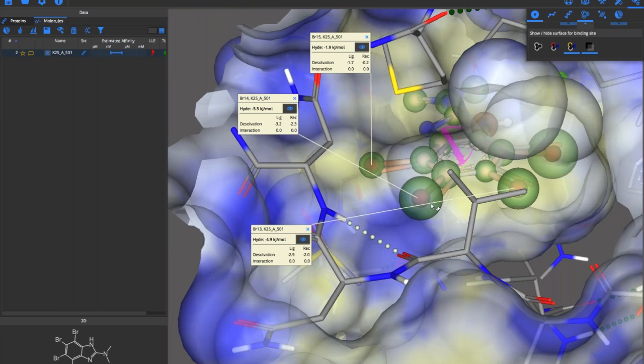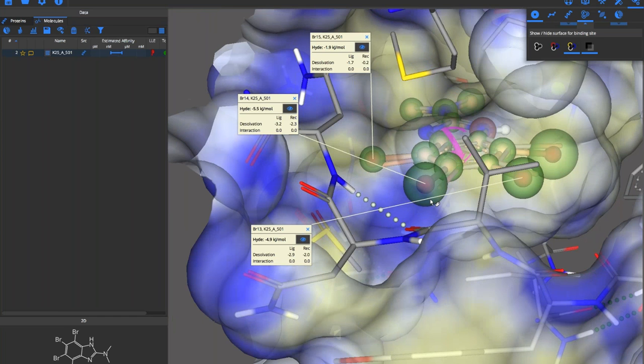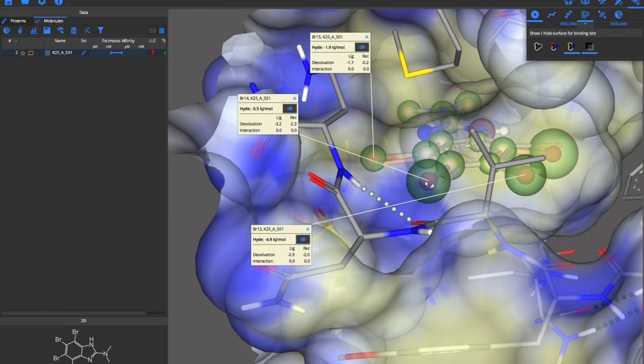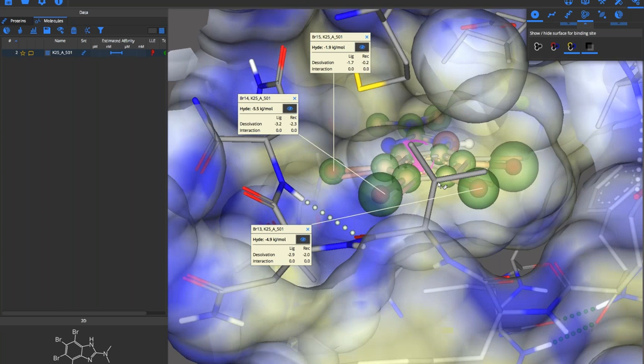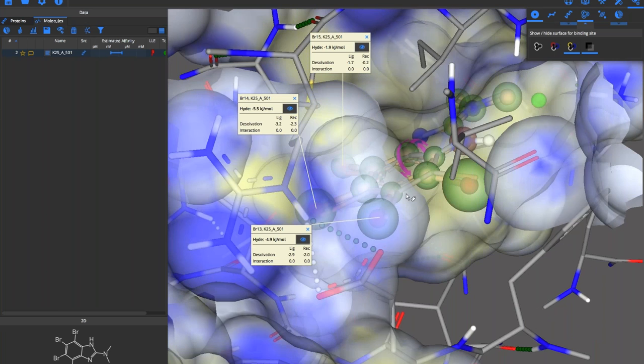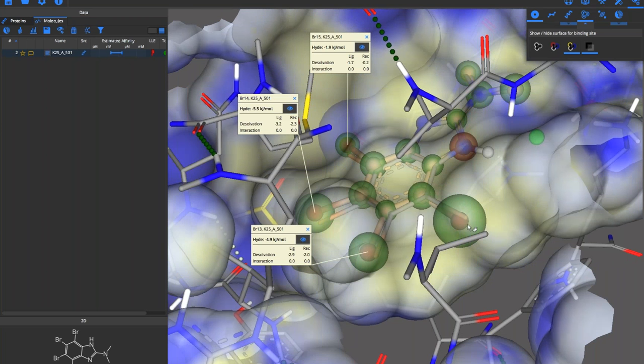For this one here, this could be again a very weak halogen bond, because there's some blue area here. But this helps quite a bit in analyzing these complexes when you add the distances, and especially when you look at the surface colored by lipophilicity.